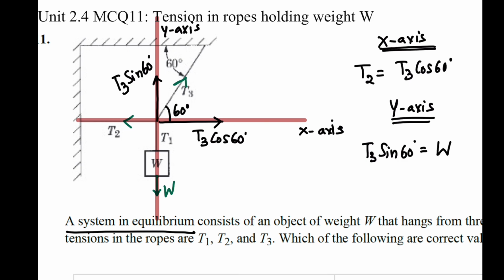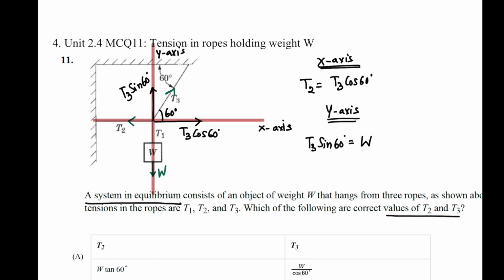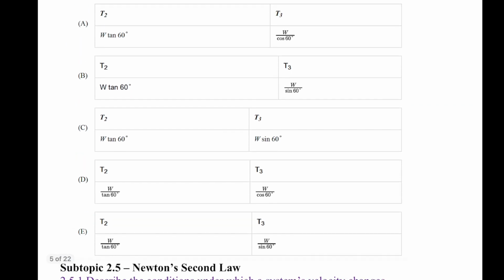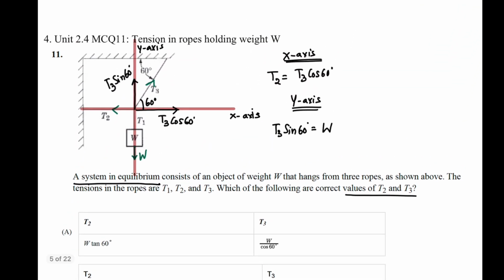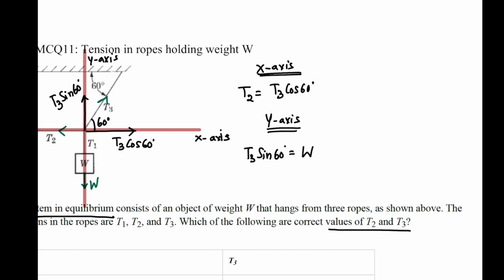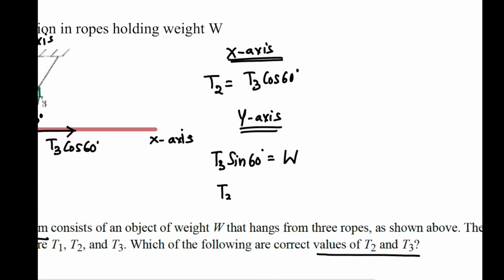Now we want to get which of the following are correct values for T2 and T3, and you can see that there are different options given to us in terms of W. So we need to get T2 and T3 in terms of W. So T3 we can see is W over sine 60.